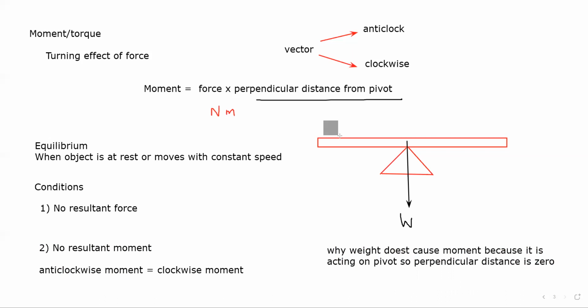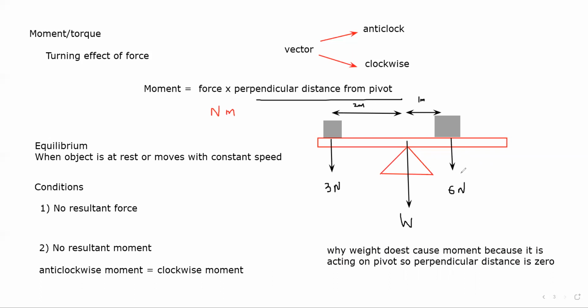Then for example, two objects of different weights are placed. The weight of this object is 3 Newton and it is placed at a distance of, say, 2 meters from the pivot. And for another object, the weight is 6 Newton and it is placed at a distance of 1 meter.